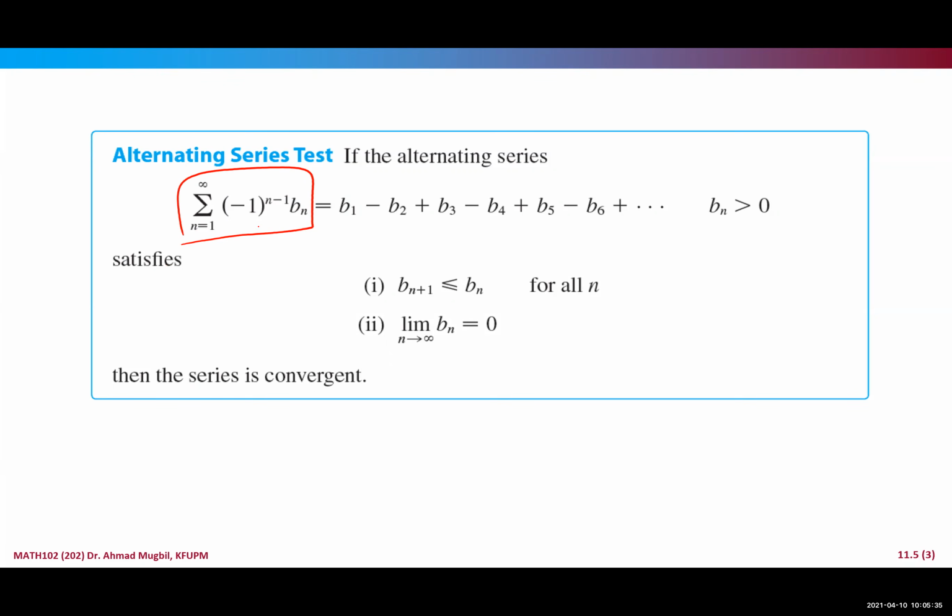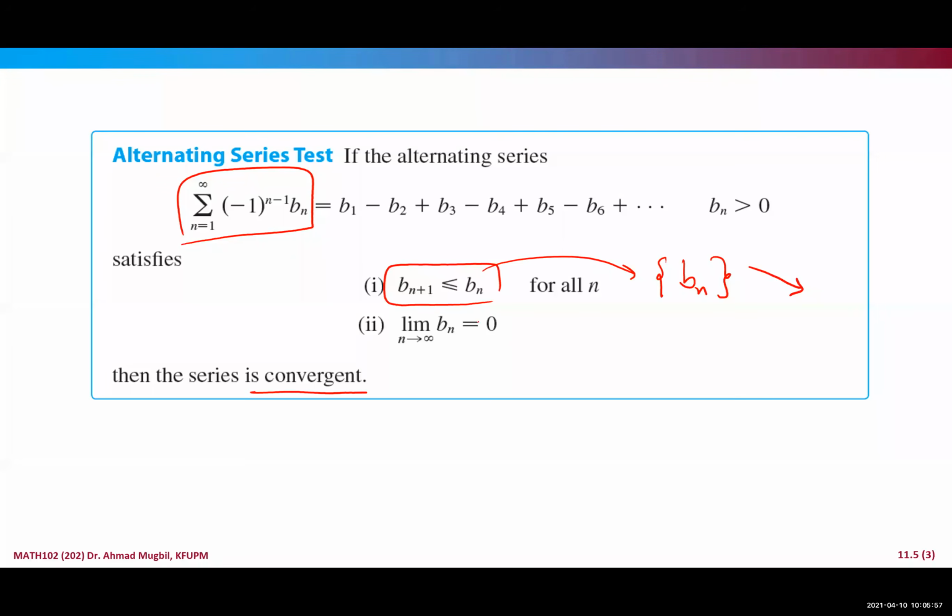If B(n+1) is less than Bn and the limit of Bn is 0, then it is convergent. Part 1 means that Bn is decreasing. And the second part means that Bn goes to 0.